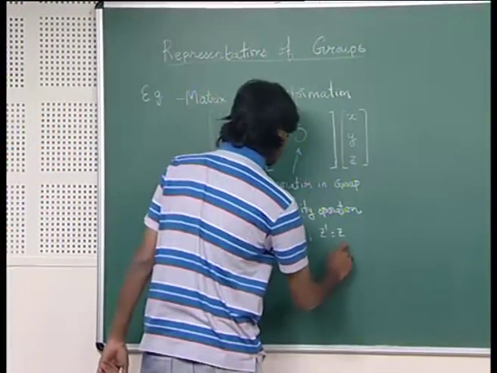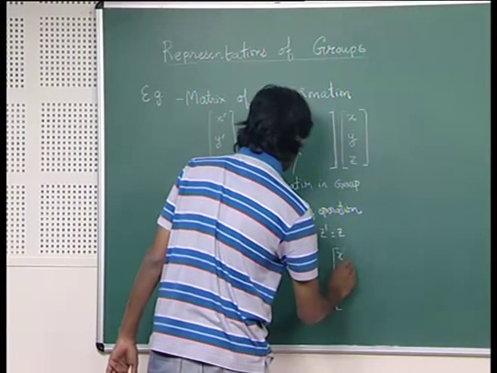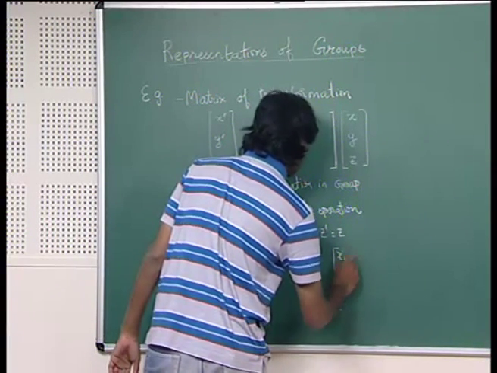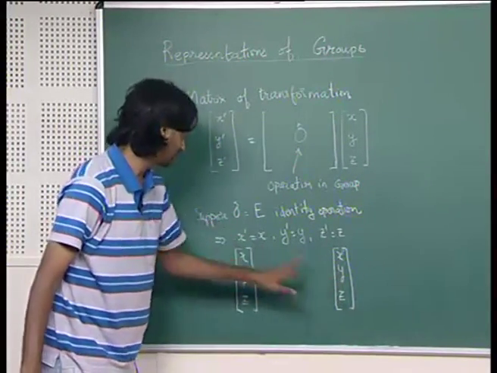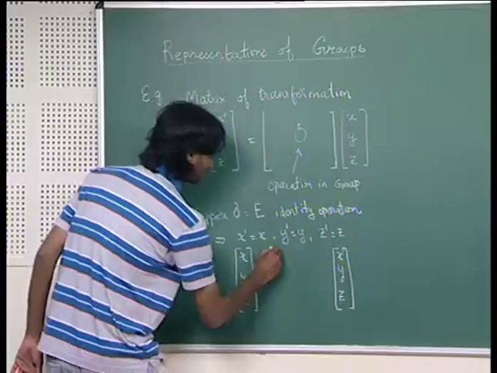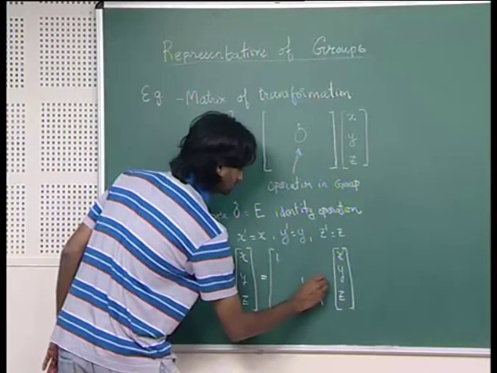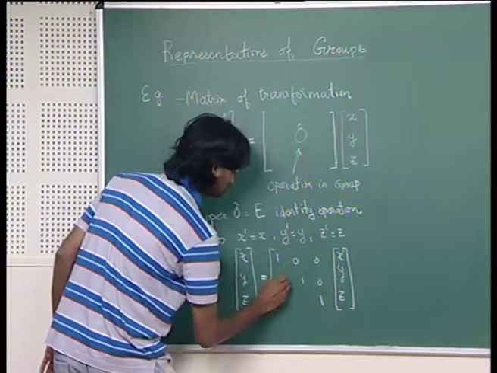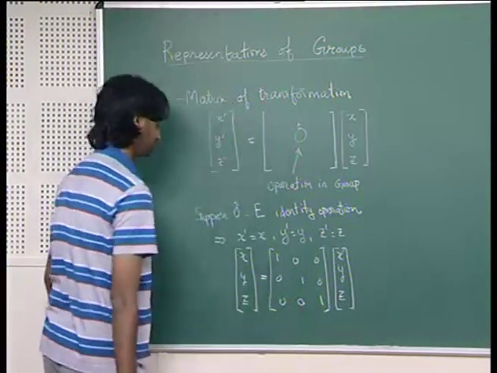So, this is very clear, and what you can say is that you have x, y, z, and the matrix that accomplishes this transformation gives x, y, z. So, if you want to multiply a matrix to x, y, z to get x, y, z, that matrix has to be the identity matrix. So, this is your identity matrix.